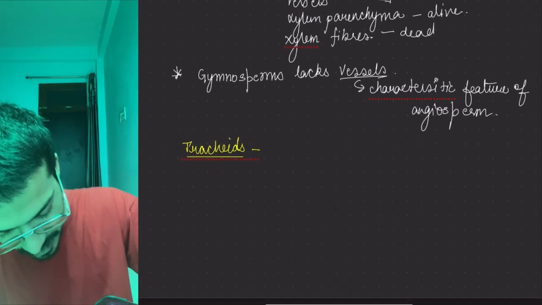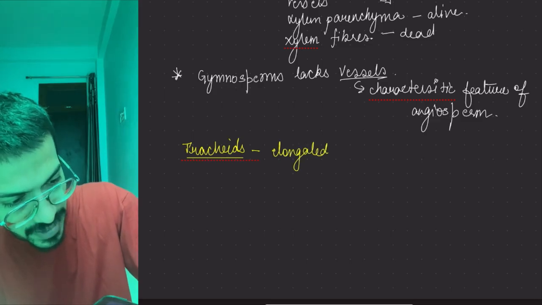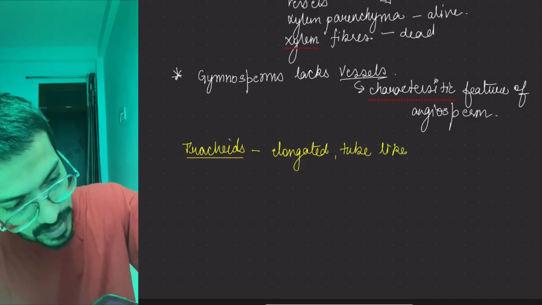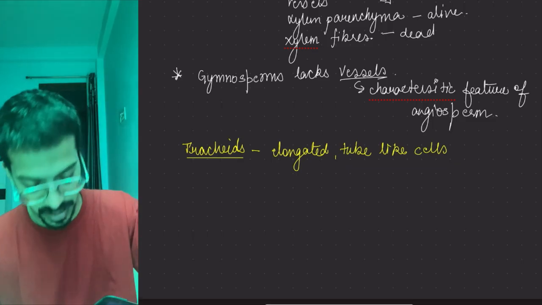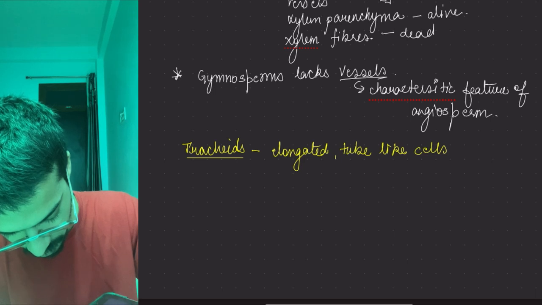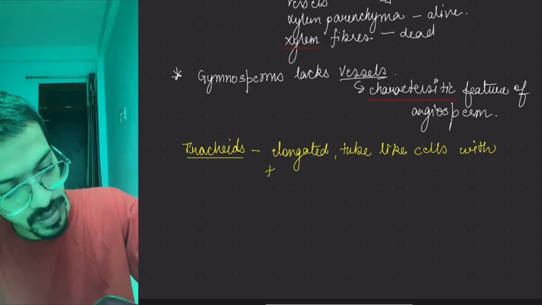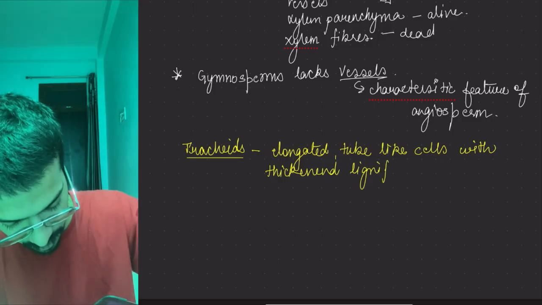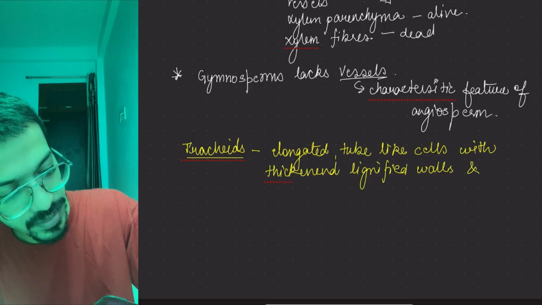So first thing, tracheids are elongated, tube-like cells without the protoplasm, with thickened, lignified walls and tapered ends.